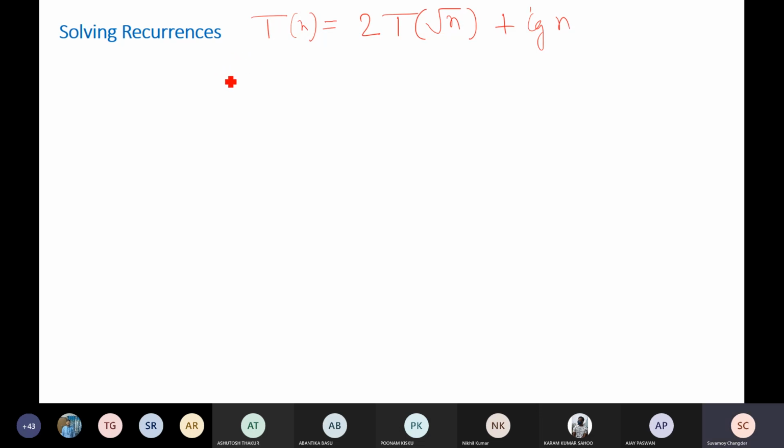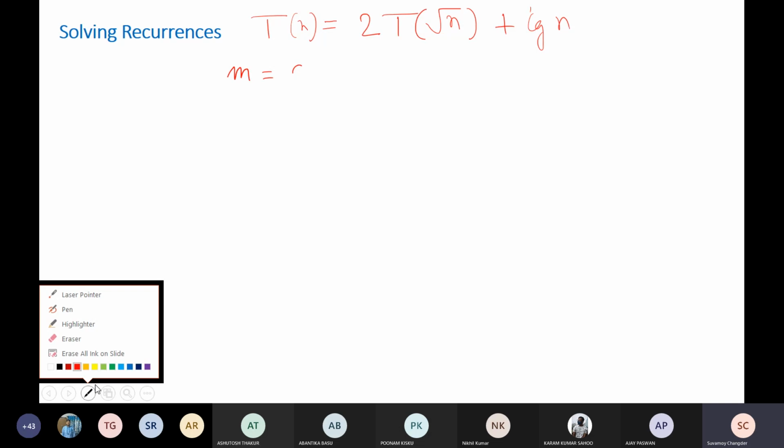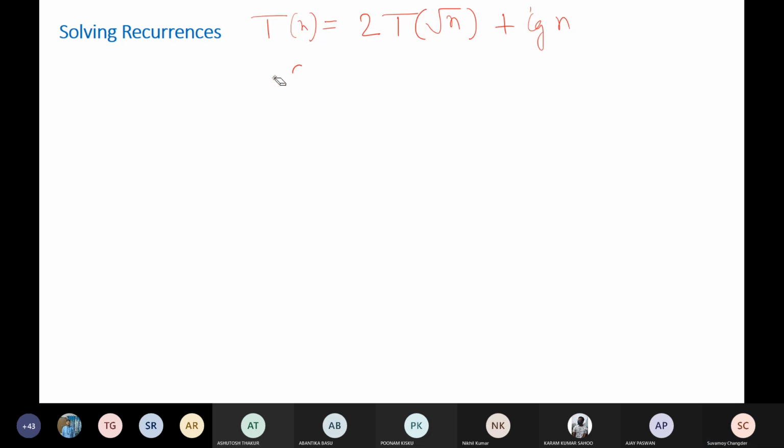Let us consider m equals to, or sorry, let us go for this, n equals to 2 to the power m. Let us choose this. Okay.